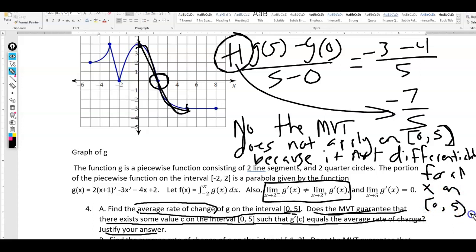So the mean value theorem does not apply on the interval from 0 to 5 because g of x is not differentiable for all x on that interval. Okay? And that would be a second point, giving a correct answer with an explanation.